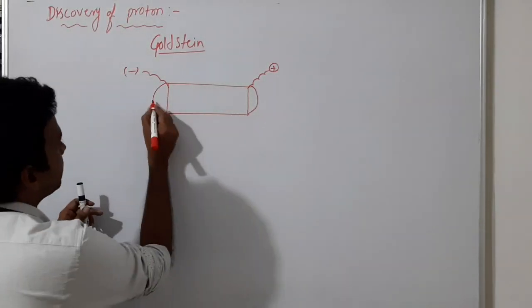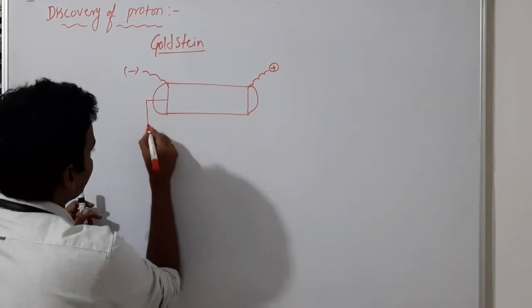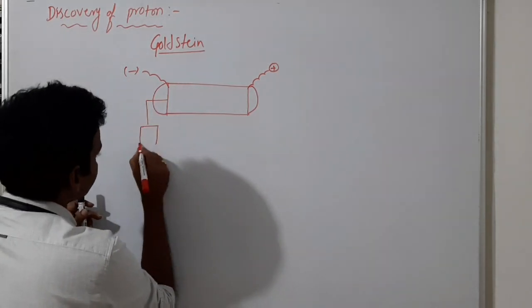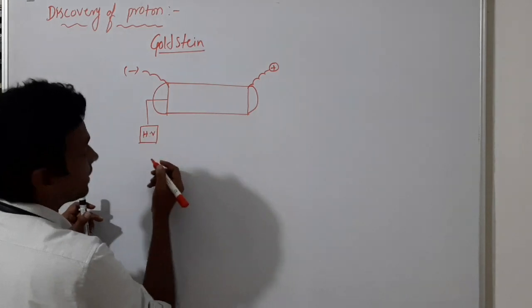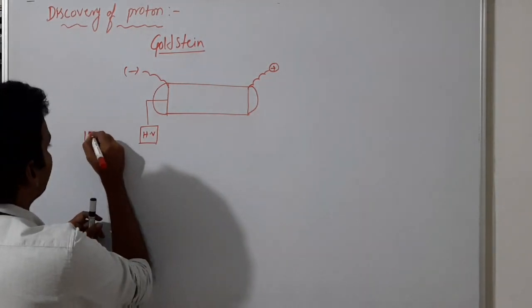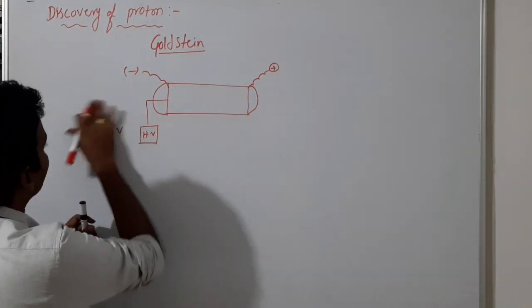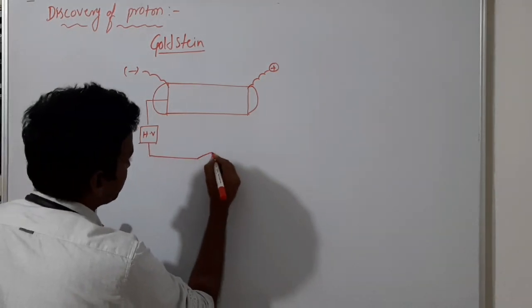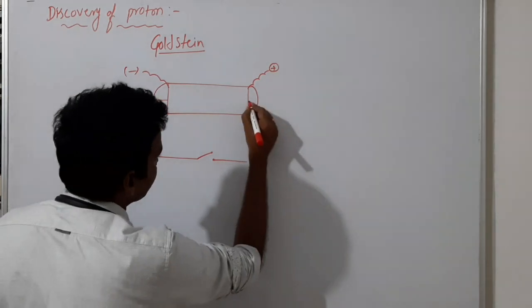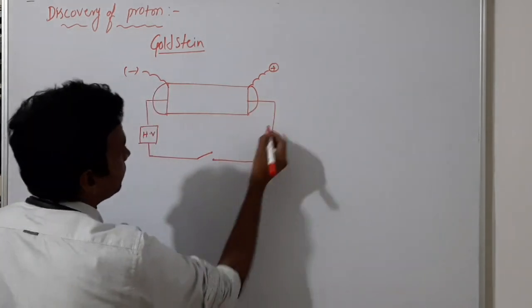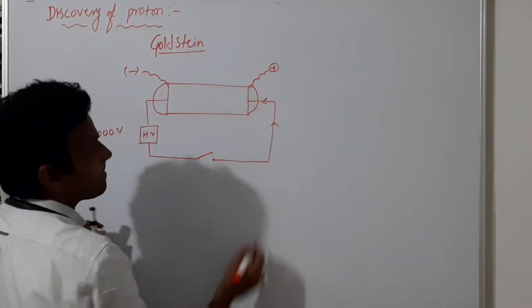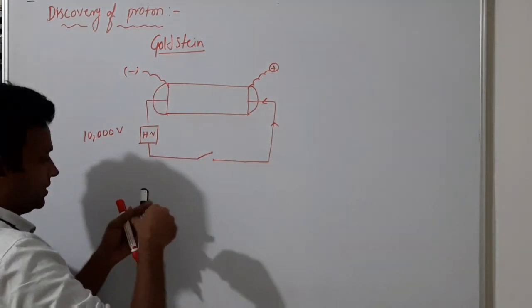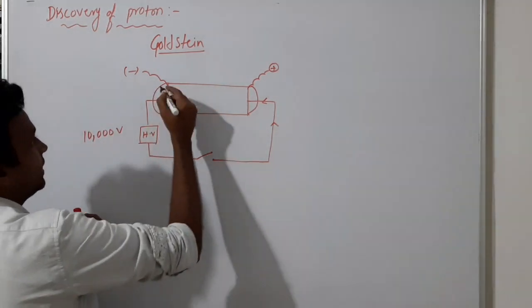Here, same story, you have a battery, a high voltage battery of around 10,000 volts, and a switch. Now he sent current in this direction, and the screen was kept here.